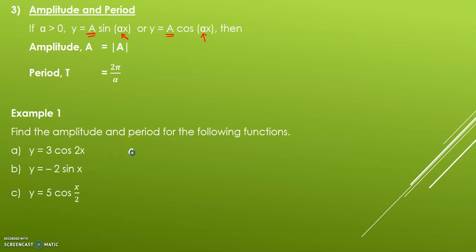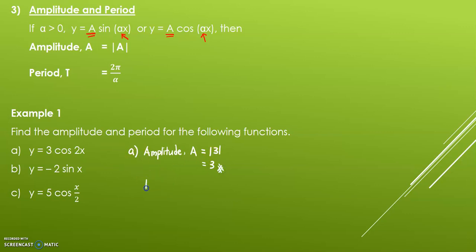Again, question A. Amplitude, or the symbol A, is equal to the value in front of the trigo. So here is modulus of 3, or also equals +3. This is the amplitude.